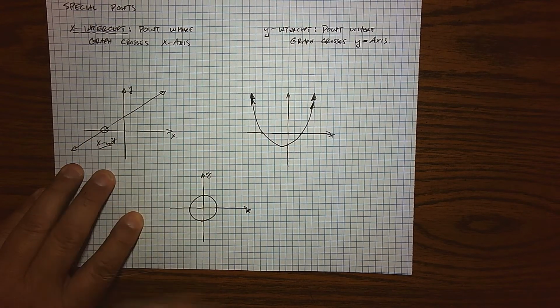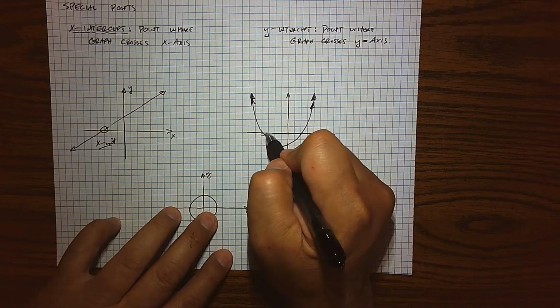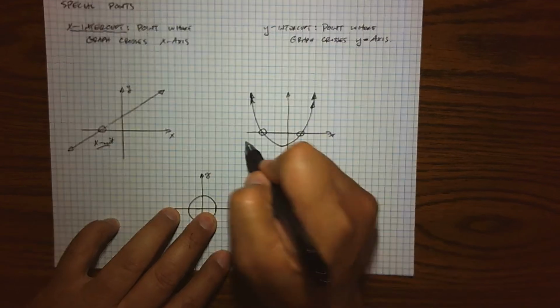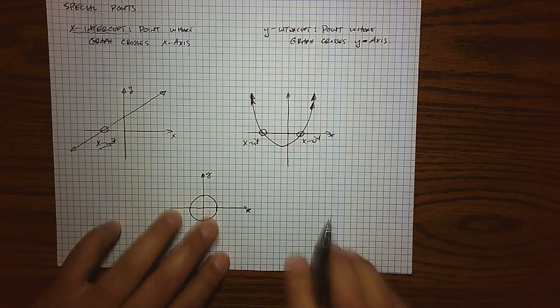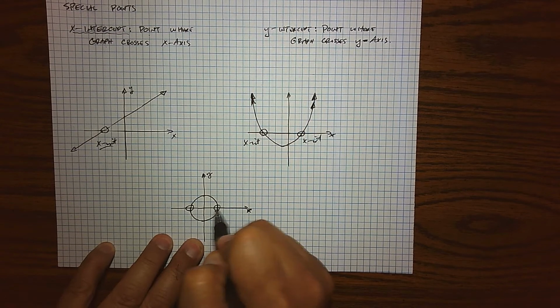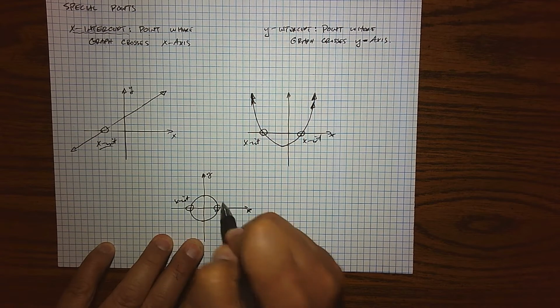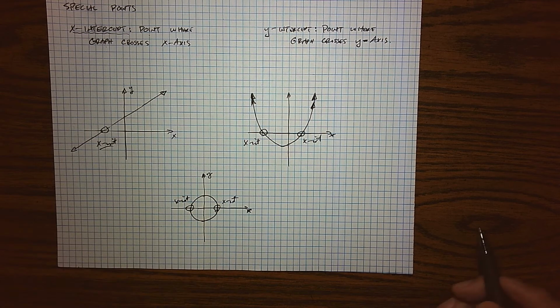Right? That's a location where we're crossing the x-axis. This parabola actually has two x-intercepts, right? Because there's two locations where we're crossing the x-axis. And the circle also has two x-intercepts because we're talking about two locations where we're crossing the x-axis.